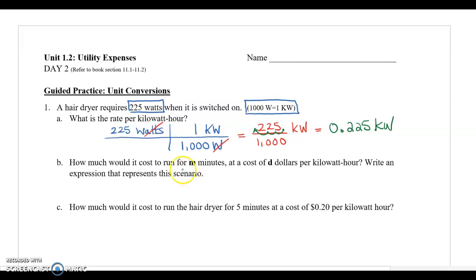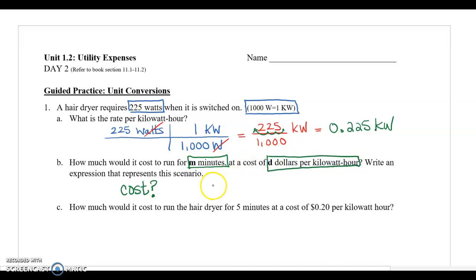For number 2, if I'm having this scenario, I want to know the cost to run this particular hair dryer for M minutes at a cost of D dollars per kilowatt hour.